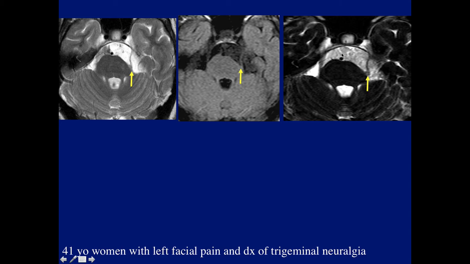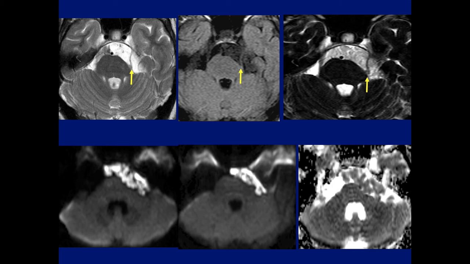So here's a T2. There's a structure within the prepontine cistern encasing the left trigeminal nerve. And here's the clincher, the diffusion imaging, and the ADC, the high restriction on the diffusion, and again on the ADC.